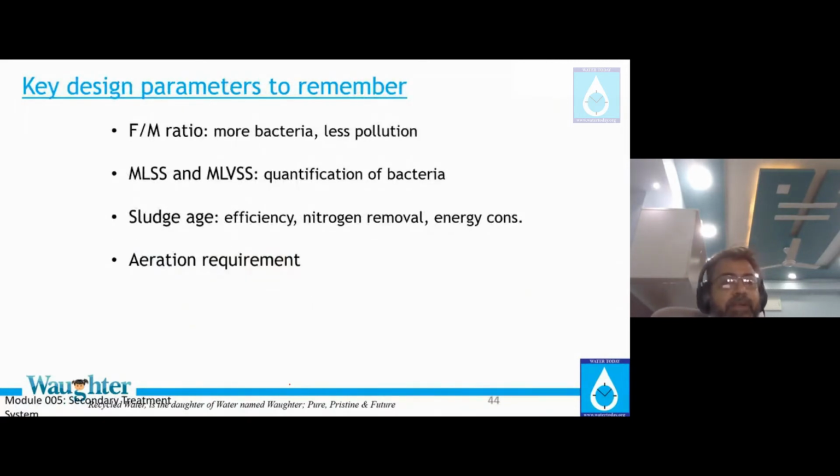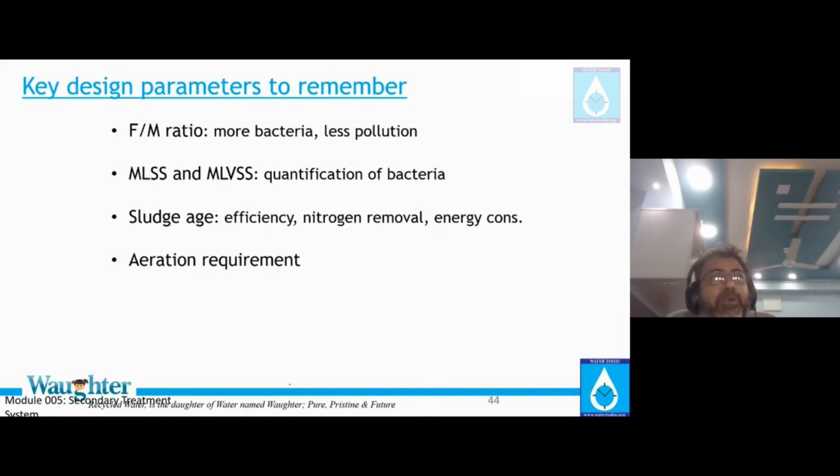And finally, the key design parameters to remember. This is my concluding slide before I break for the session. The F by M ratio means more bacteria, less pollution. Remember, if you increase the M side, that means the F side is reduced, so more bacteria means less pollution. Then quantification of bacteria is indicated in MLSS and MLVSS.